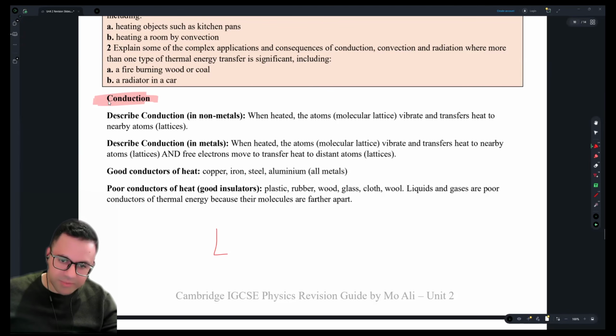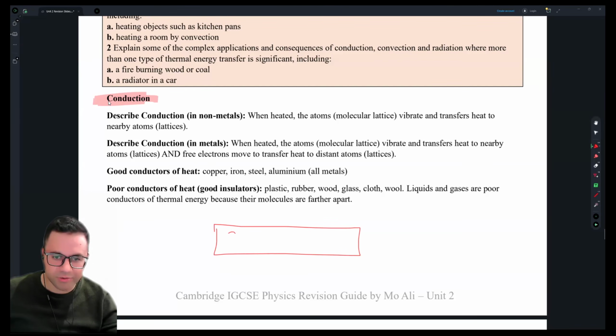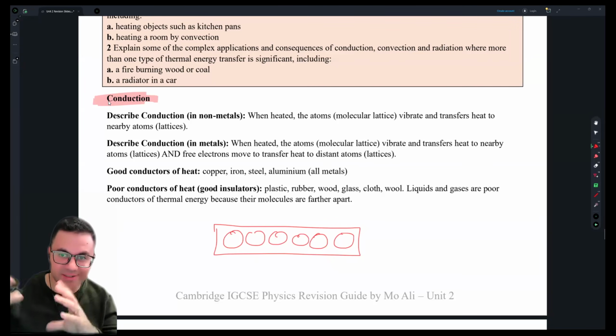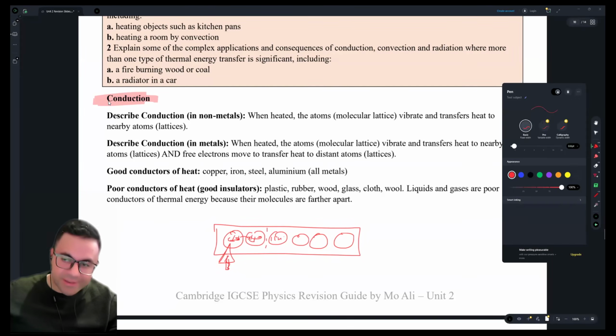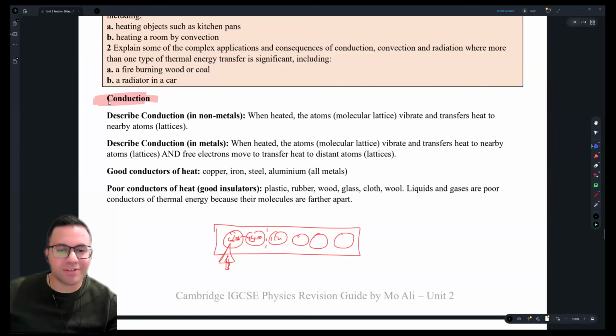In a regular non-metal, you have atoms, or sometimes we say a molecular lattice. When you heat one end of that solid non-metal, the atoms vibrate and transfer heat to nearby atoms only. So it's a very slow process. But in metals, you have an extra advantage.